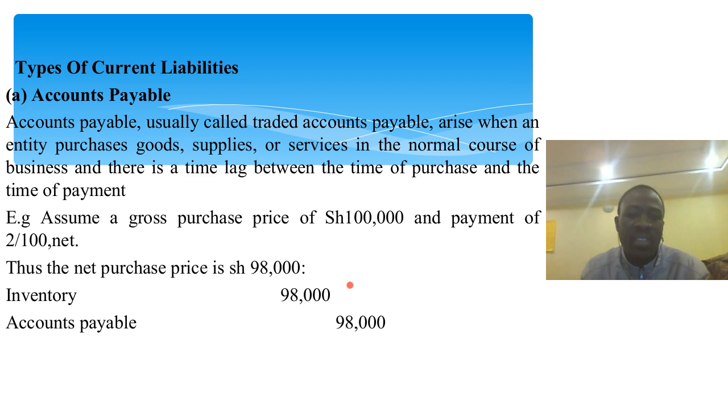So you debit the inventory by 98,000, and at the same time you credit the liability, which is the accounts payable, by 98,000. As you all know, an increase in liability is always credited, because liabilities have a credit normal balance. So any increase is credited, any decrease is debited.